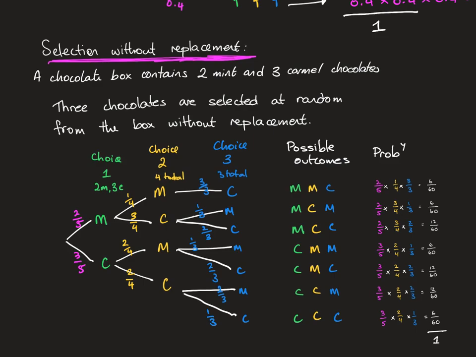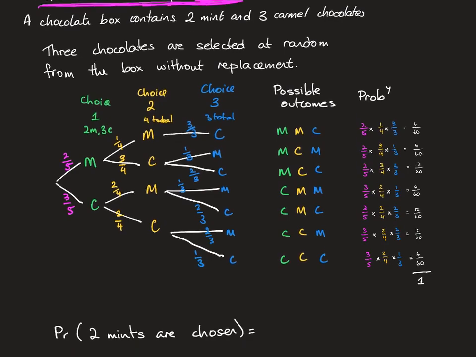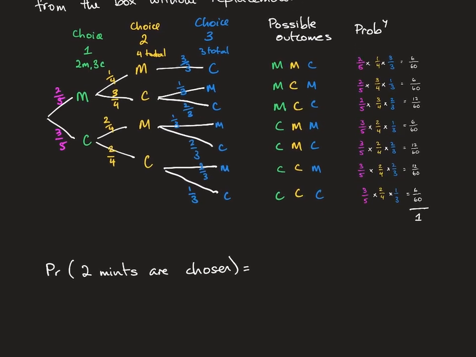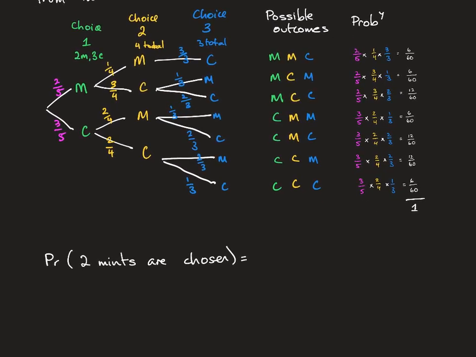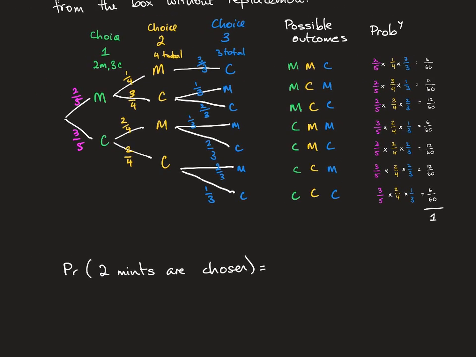If you wanted to then use that tree to find something like what is the probability that 2 mints were chosen, what you need to do is to go through and select all of the possible outcomes that contain 2 mints. So we have 2 mints here and here and here, and for each of those outcomes we add their probabilities together.